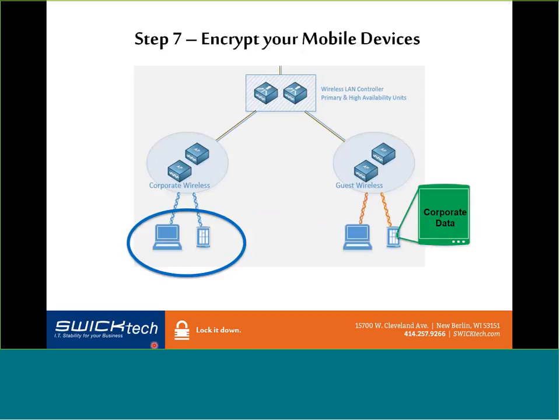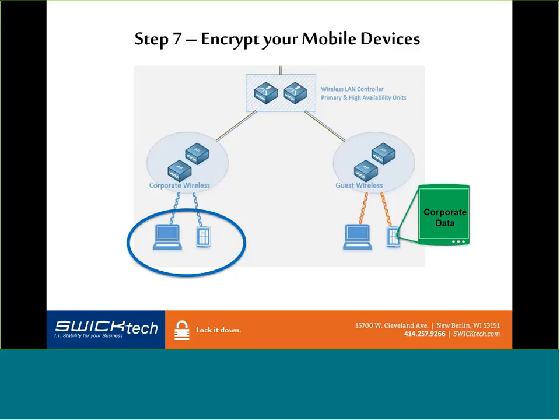Where this is important is in the control of that corporate data. The newer phones now have the capabilities that if it's stolen, I can wipe the corporate data off the phone and still protect your personal data. It's a great application for those companies that have a lot of remote salespeople or traveling executives that need that corporate data to run the business, but you still want to protect it and keep it out of the hands of the hackers.